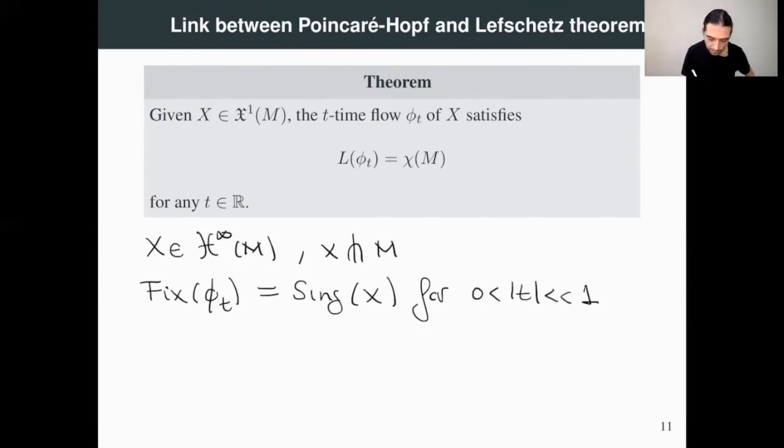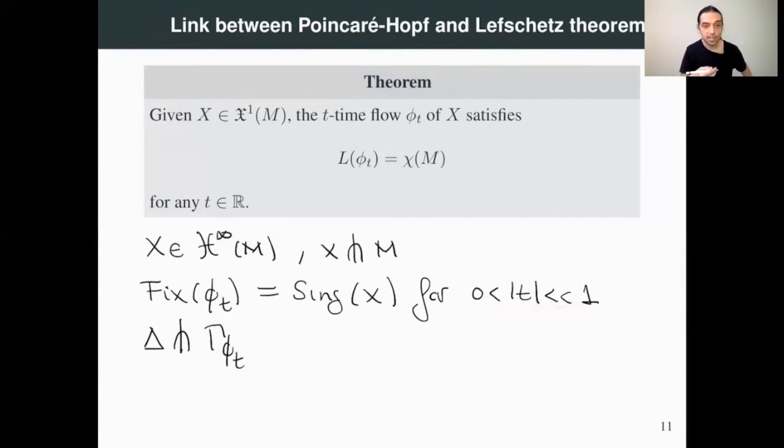Moreover, we have that the diagonal is going to be transverse to the graph of phi t under this hypothesis, and it's going to happen for very small t.